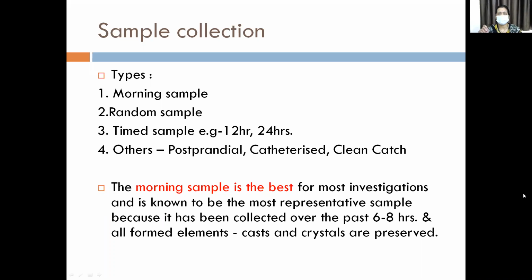Others are the postprandial sample that is usually taken. For example, they are testing for sugar routinely. What they do is they test the fasting plasma sugars. Then what you also test is the fasting urine sample, that is the early morning sample. And then after having the breakfast, after 1.5 hours, within 2 hours, they check again the postprandial blood value, right?